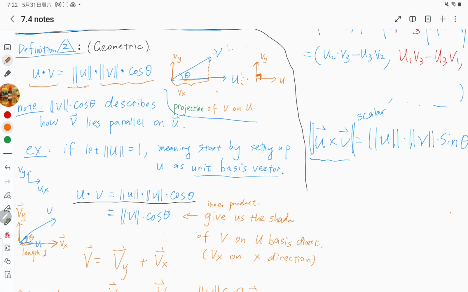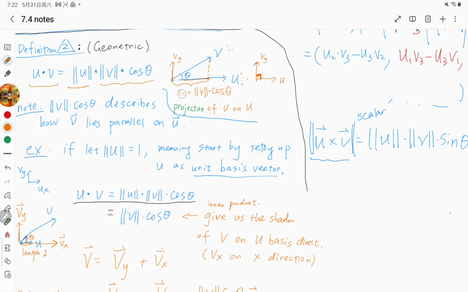And then this Vx, using your sine, cosine knowledge, is just the length of V, so this is a length operator, right? The norm, right? So length of V times the cosine theta, right? This is the projection of V on U, and this is the Vx, which is part of the definition of the U dot product or inner product with V, right?